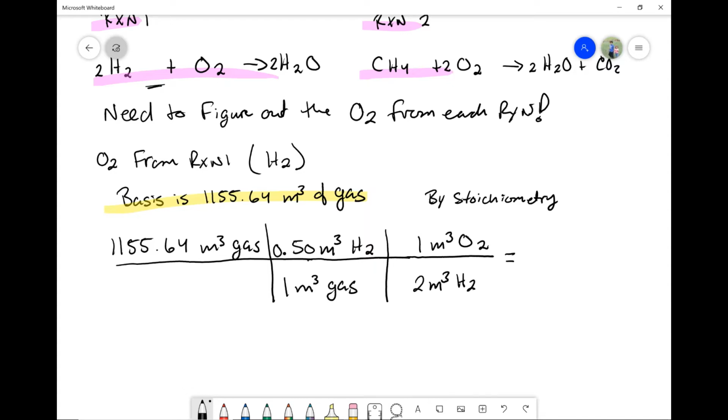1155.64 times 0.5 divided by 2 is 288.91.